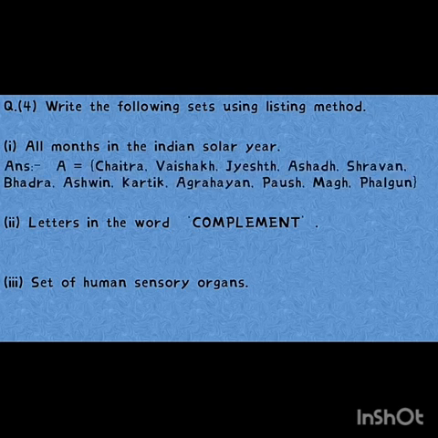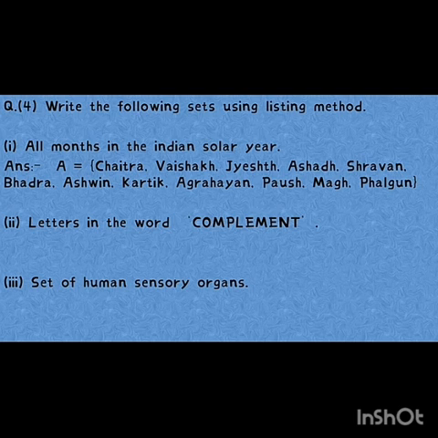So answer will be, A is equal to, in curly bracket, Chaitra, Vaishakh, Jyeshtha, Ashadh, Shravan, Bhadra, Ashwin, Kartik, Agashan, Paush, Magh, Falgun, curly bracket completed. Like this we will write.